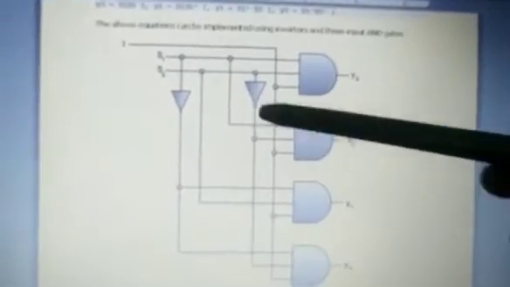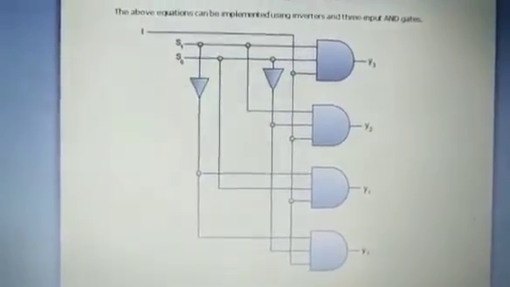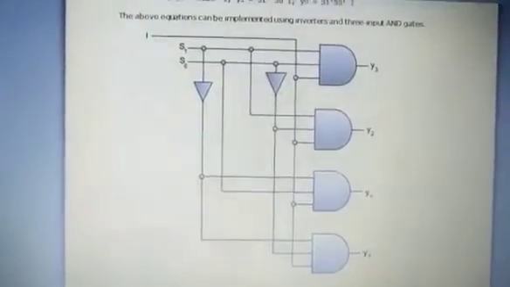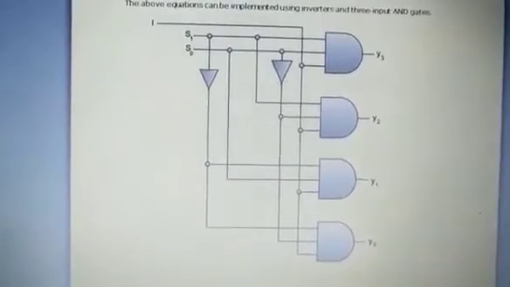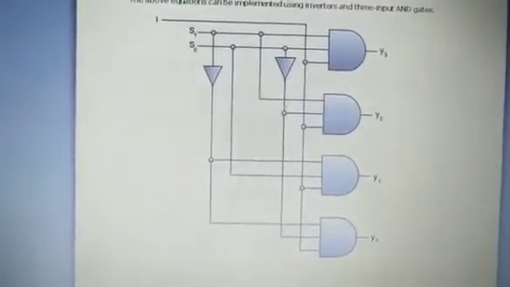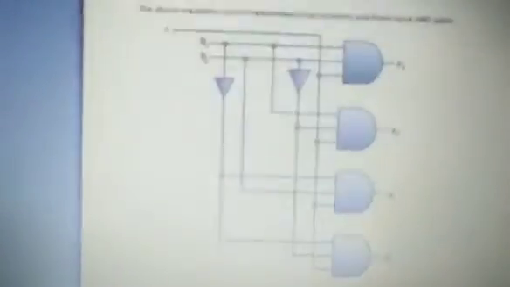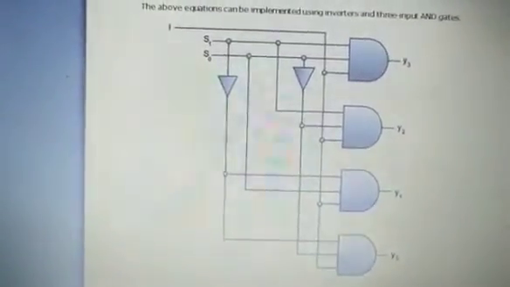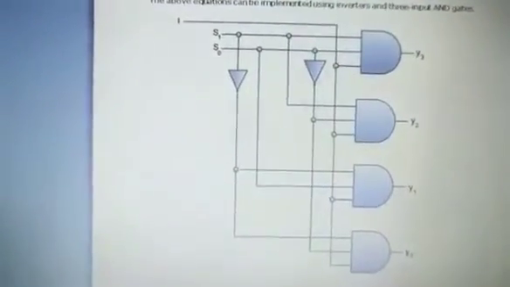This is our logic circuit. Here we are using 2 NOT gates and 4 three-input AND gates. Why three input? Generally we see two-input AND gates, but you can design multi-input AND gates also. Why 3? Because S0, S1 and I will each pass through an input of every gate.